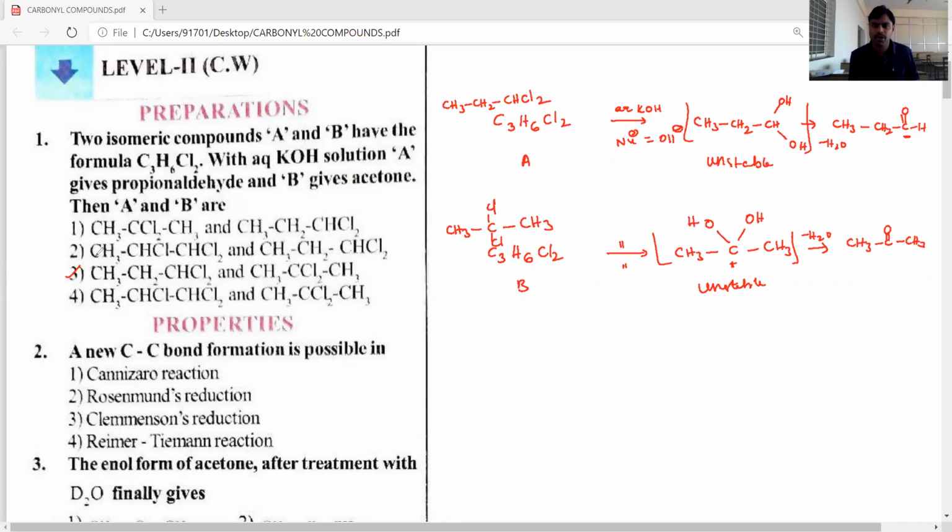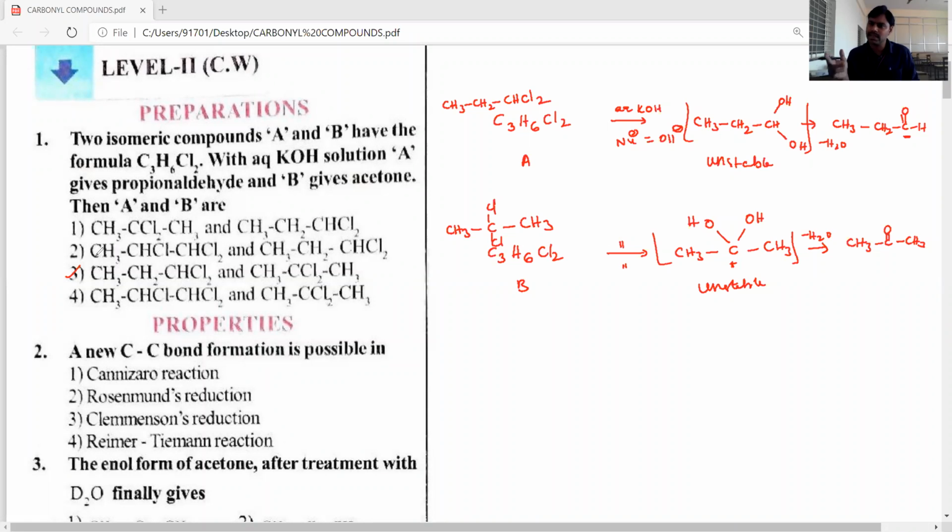Okay, students, I hope you understood. It's very easy. Two chlorine atoms are present in the given A and B compounds, and they have the same molecular formula. Two chlorine atoms on one carbon treated with aqueous KOH give a final product of aldehyde. If the aldehyde is terminal, the two chlorine atoms should be at the terminal carbon, geminal dihalides.